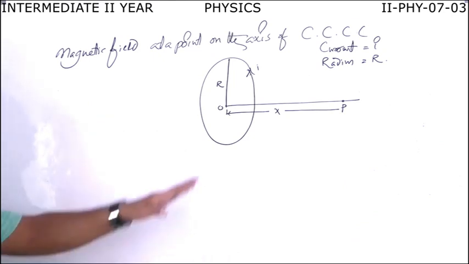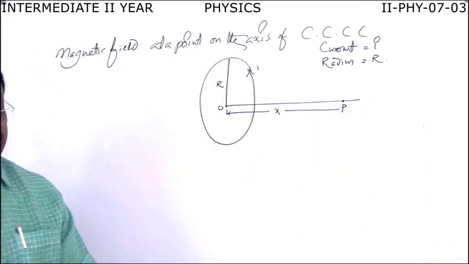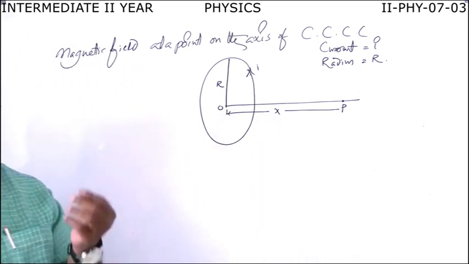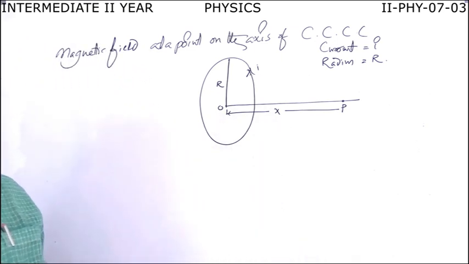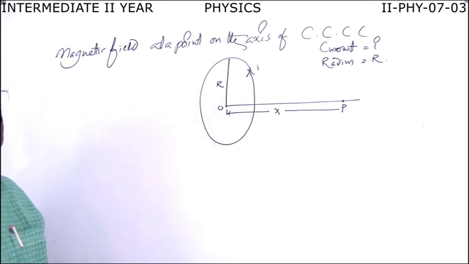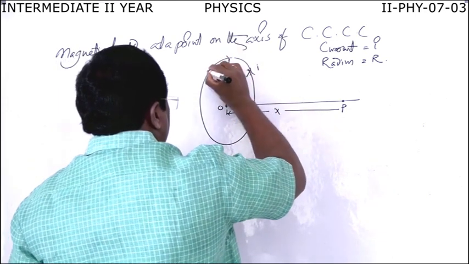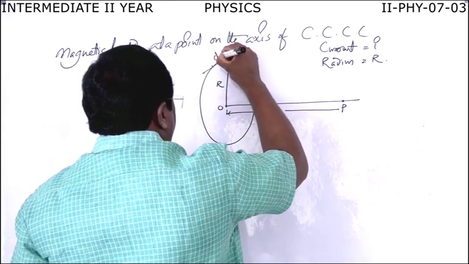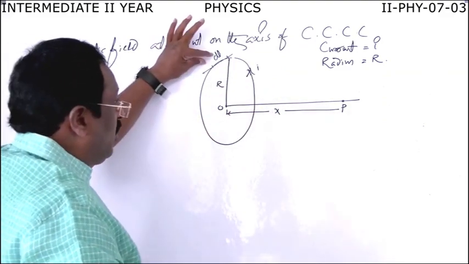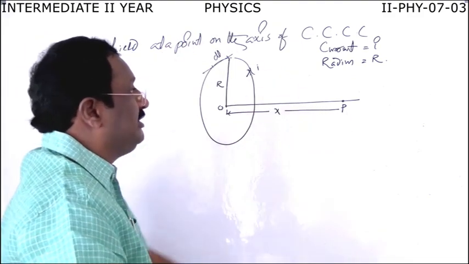To find the magnetic field, we want to use the Biot-Savart law. According to the Biot-Savart law, we can find the magnetic field due to a small element. This coil is also divided into a number of small elements. You take one of the elements here. This is the small element, and the length of the element is dl. So due to the small element of the coil, we find the magnetic field at this point.